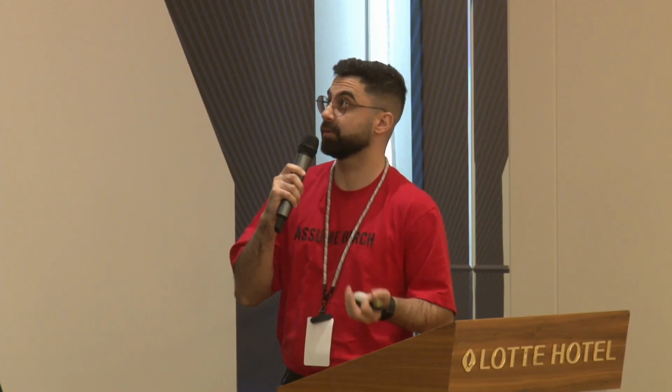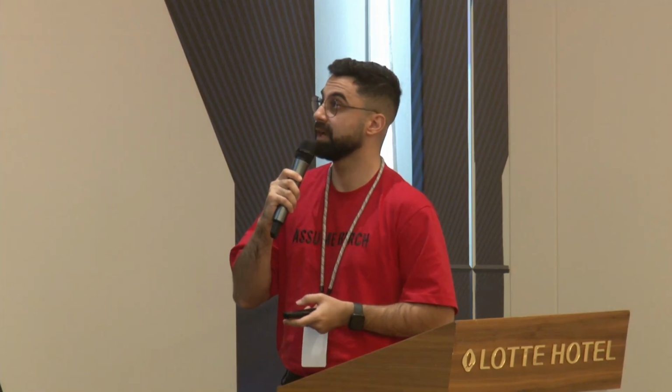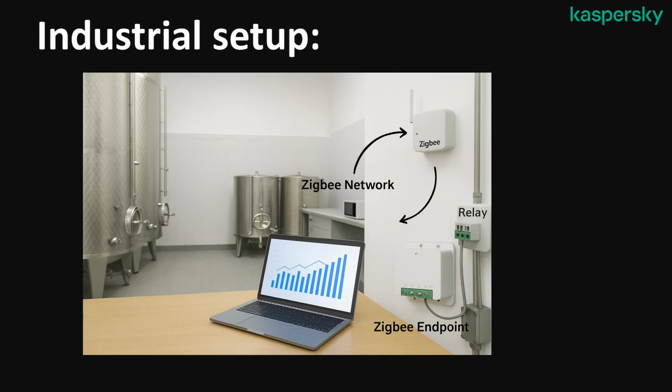Also, with the Wi-Fi interface on Alexa, you can control the lights from your phone. In an industrial environment, you have a PC for the operators connected to the ZigBee coordinator through Wi-Fi, and the ZigBee coordinator is connected to the endpoints, actually multiple or thousands of endpoints, and each endpoint is connected to a relay. The operator or some other triggers can turn the relay off or on.